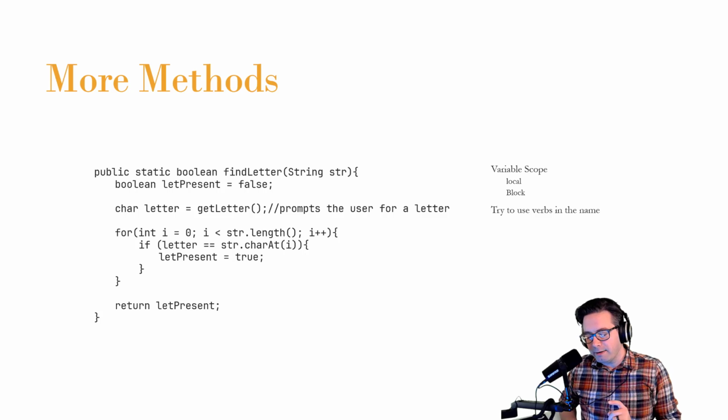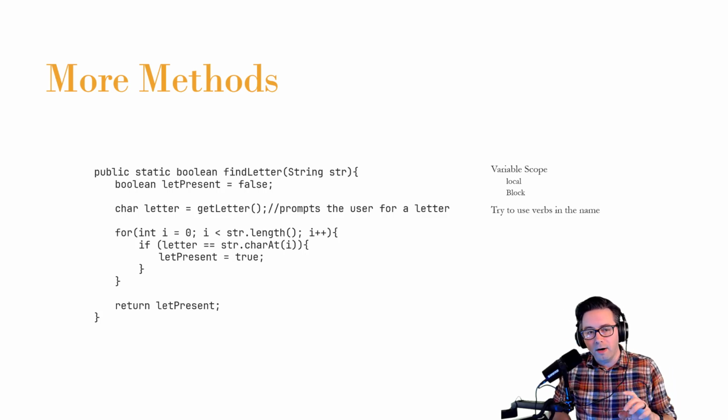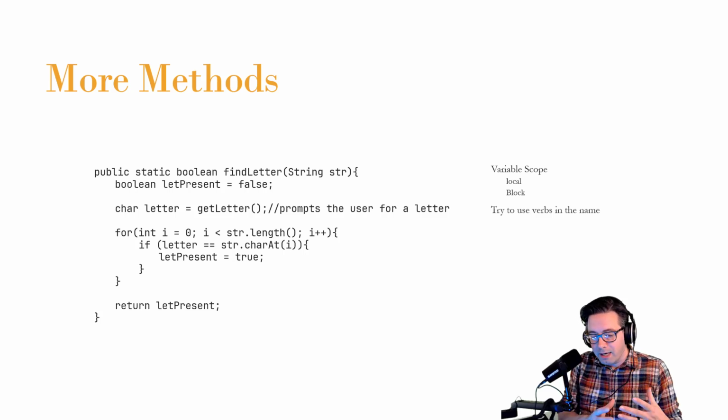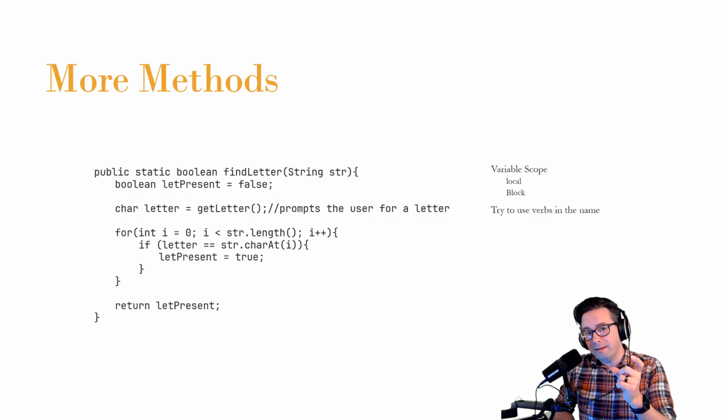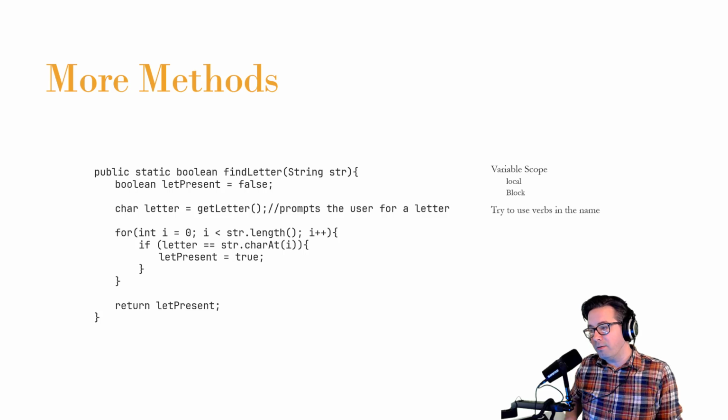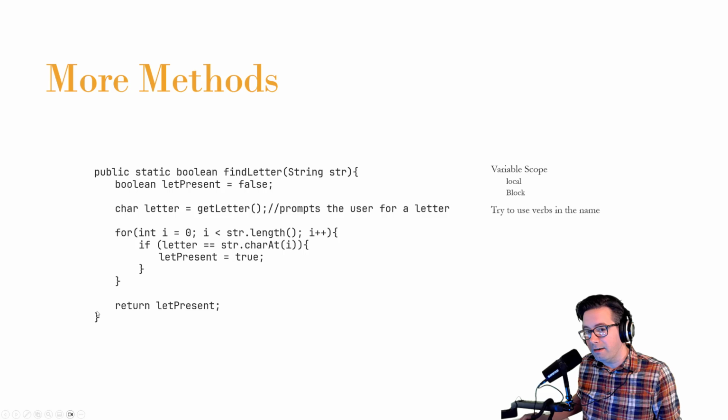Something else to emphasize: we talked about variable scope before, and remember, these methods are blocks of code. For instance, I have here the Boolean variable letPresent. So letPresent is a variable inside this method, and anytime this method is called, that variable is used.